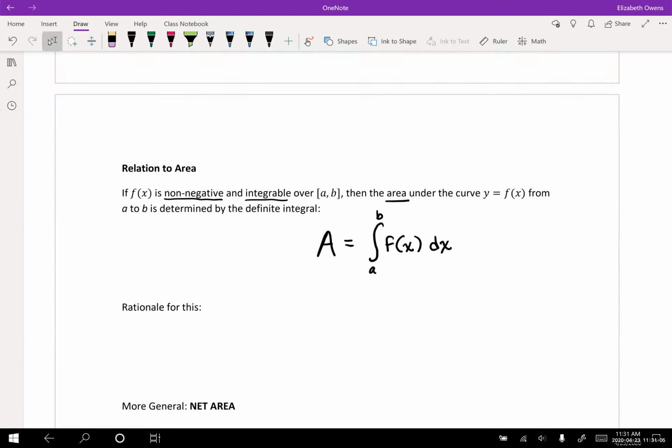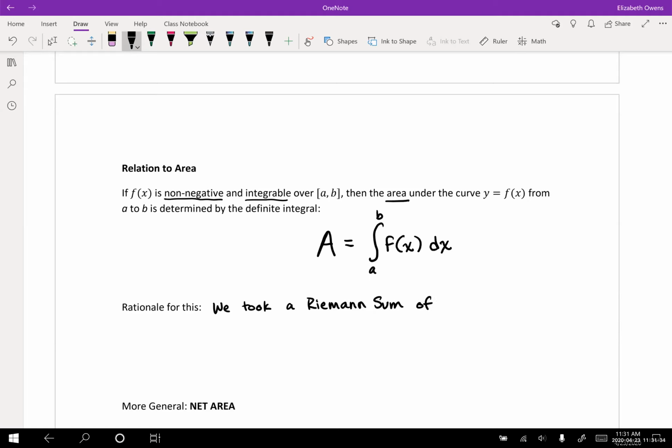And the rationale behind that, why we're able to say this, is because of that Riemann sum idea behind the integral. So the rationale is that we took a Riemann sum, which, if you'll recall, Riemann sums were what we used to add up the areas of a bunch of little rectangles in section 5.2.